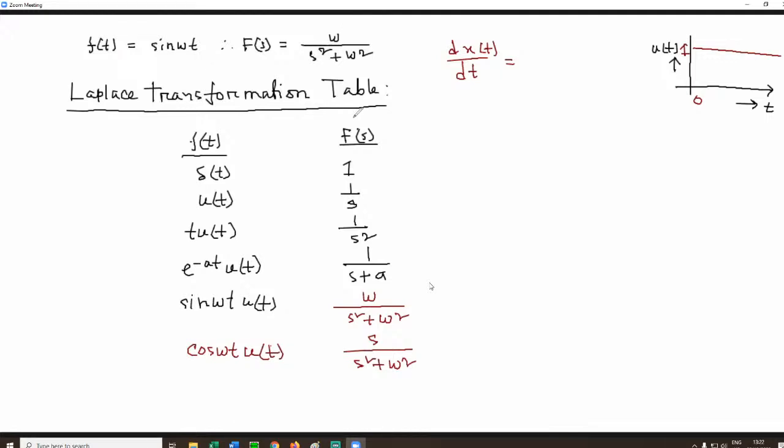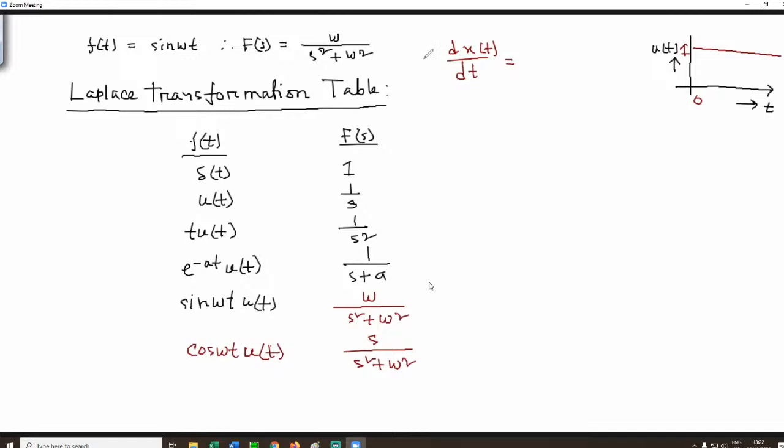Okay, so I will give you a shortcut formula. That is not correct actually.